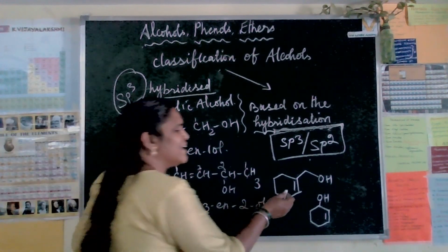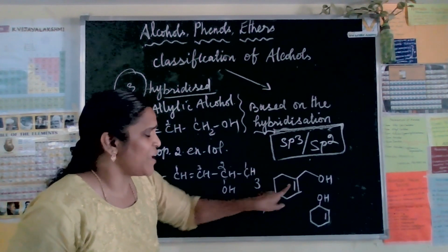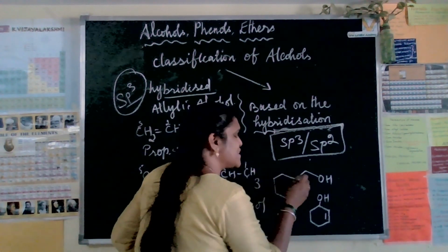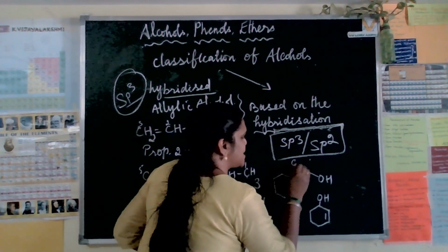Now here this is cyclohexane, cyclohexene: cyclohex-1-en-1-yl methanol. This is methanol.